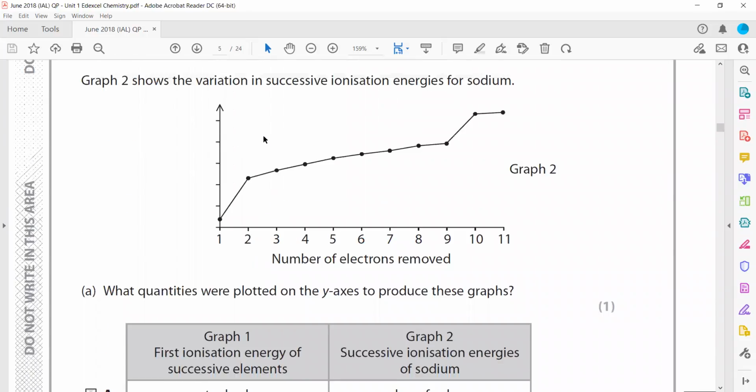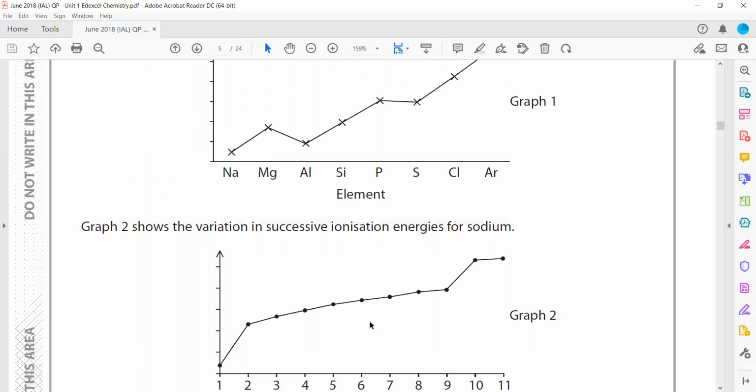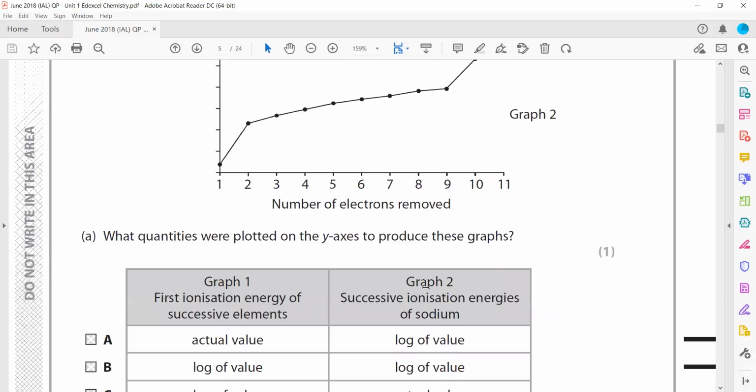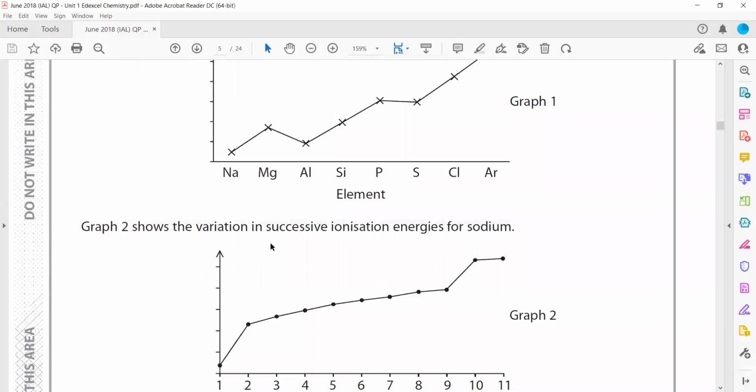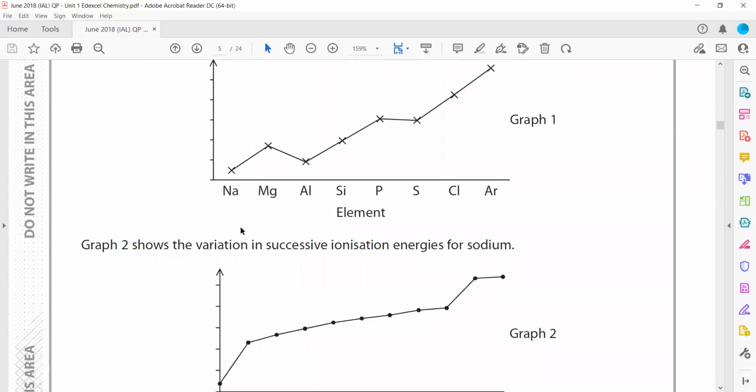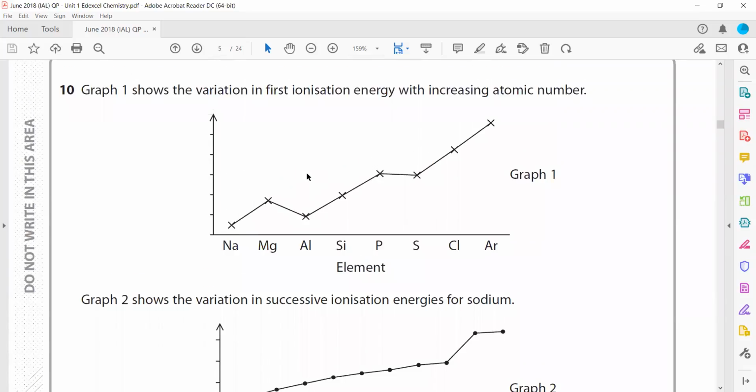Whenever we have large values and want to reduce the scale, we always use a logarithm. In the first one, there is not too much difference between sodium, magnesium and so on.